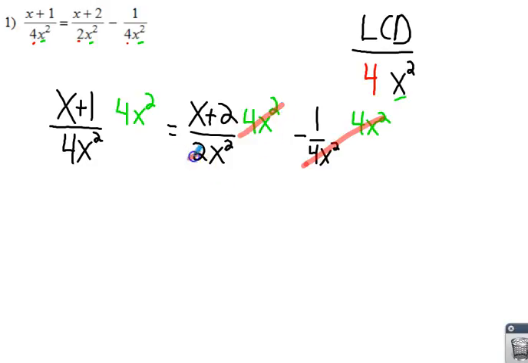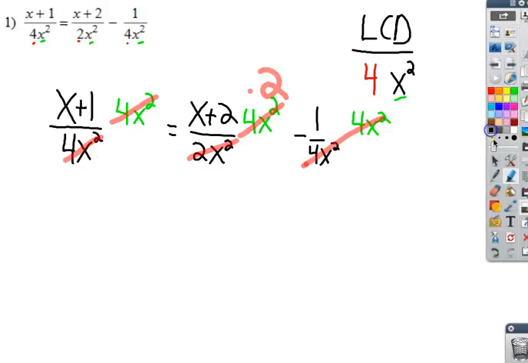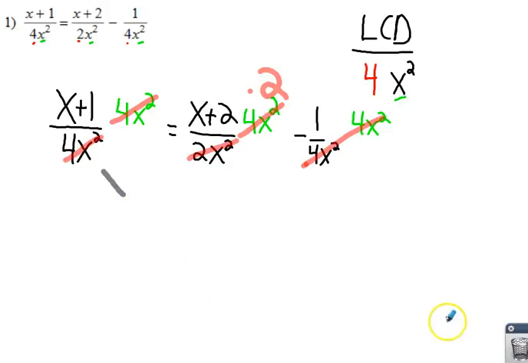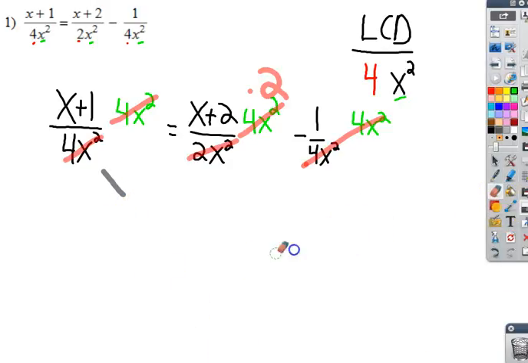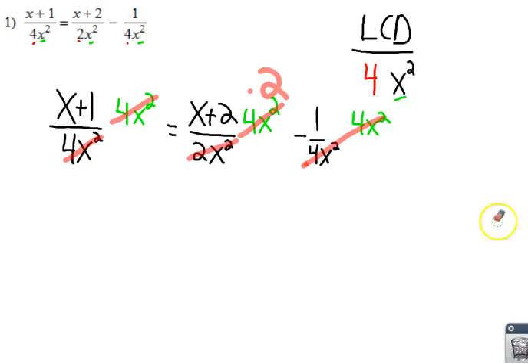Now, thing here is I'm left with a 2 up top because 4 divided by 2 is 2. X squared divided by x squared, gone. 4x squared divided by 4x squared, also gone. Oh, happy days. So now I'm left with this. Oop, I don't want to use that. That's so silly. Let's go back to the pen tool.